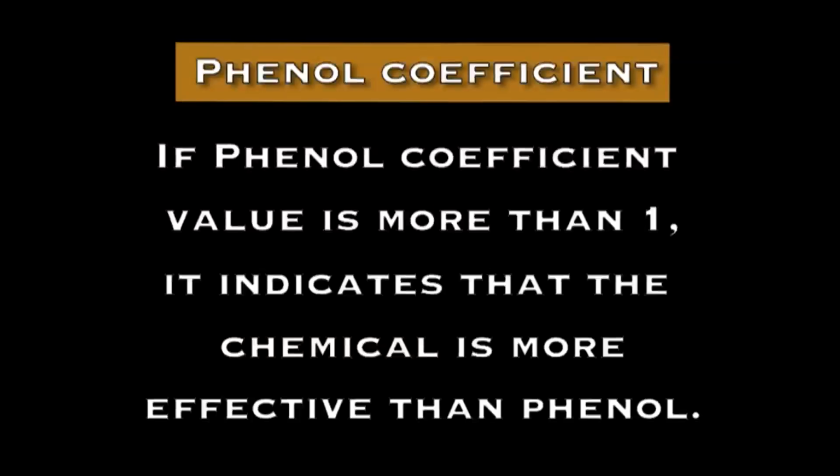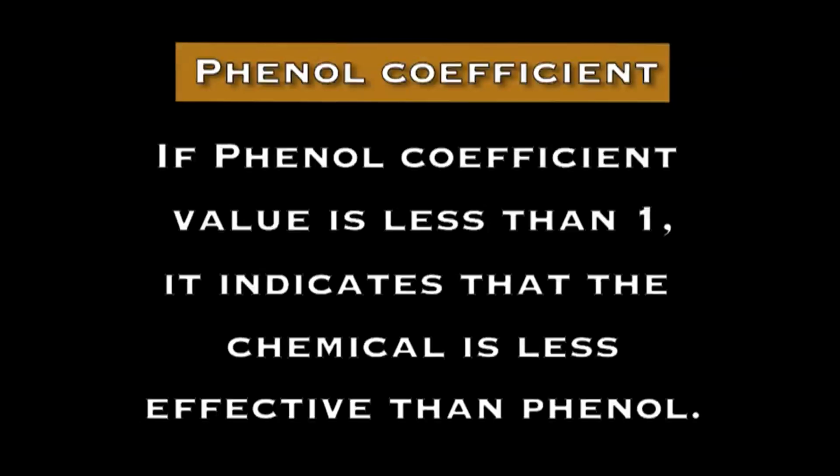If the phenol coefficient value is greater than 1, it means that the agent is a better disinfectant than phenol, and if the value is less than 1, then we may say that it is a worse disinfectant as compared to phenol.